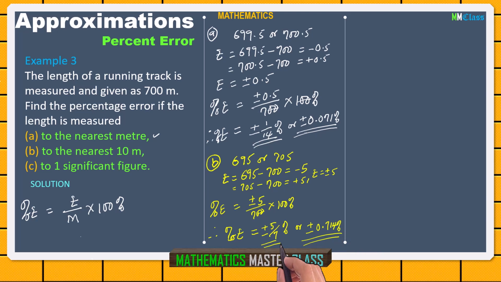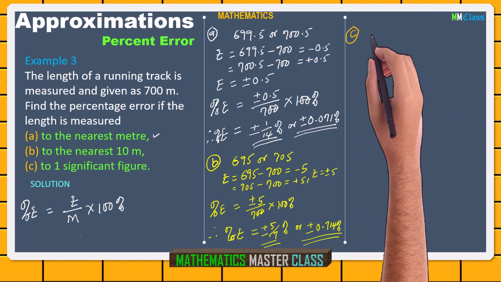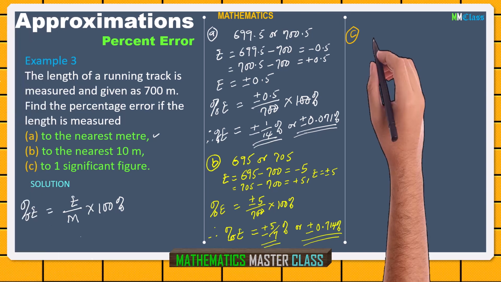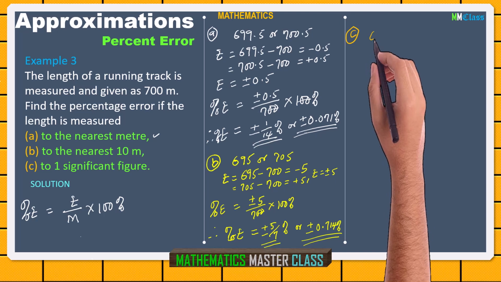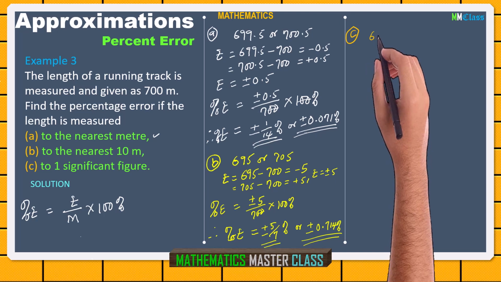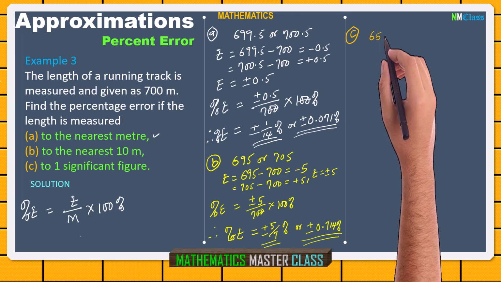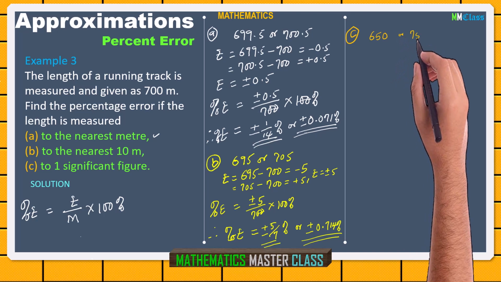Now let's move to the last one, that is the C part. In the C part, we have to one significant figure. What are the numbers you can approximate to one significant figure and it will give you 700? We have many of them, like 651. There are many of them, but we are going to take only 650 or 750.